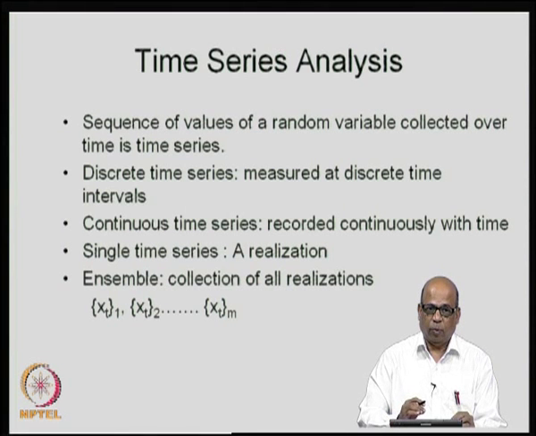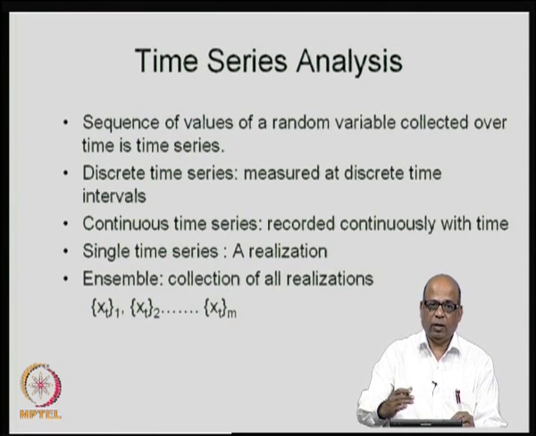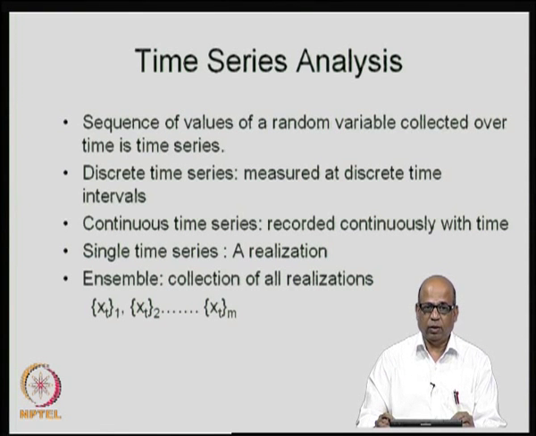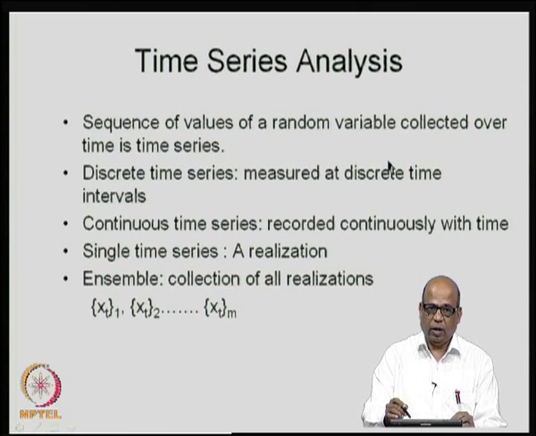Rainfall values observed every day, every 24 hours, for the last 10 years also constitute a time series. So, we are making observations on a given random variable with time. That means the realization on that random variable across time is called a time series.